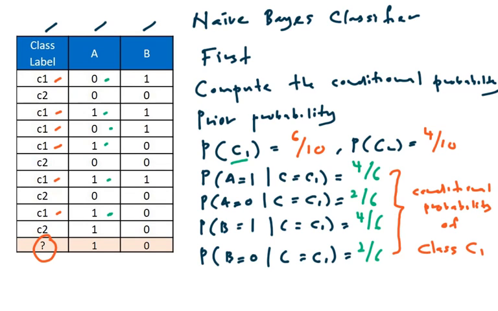This is the first thing you need to do, because we have only two classes. First we find the conditional probability of class C1, and you notice that we have only two variables, or columns, A and B. If you have more, then you are going to have more conditional probabilities to build.